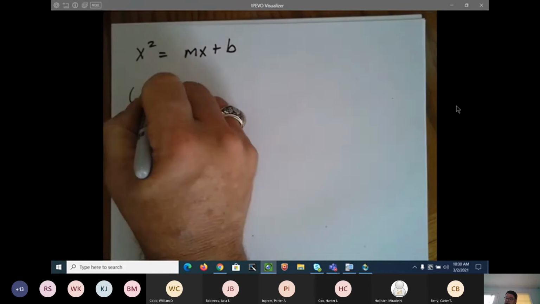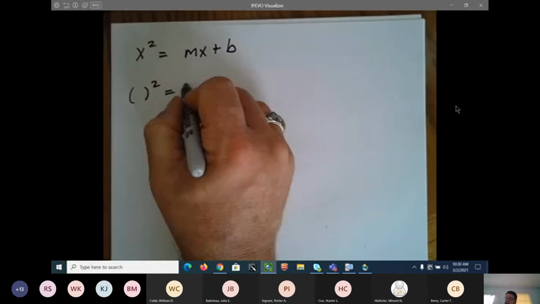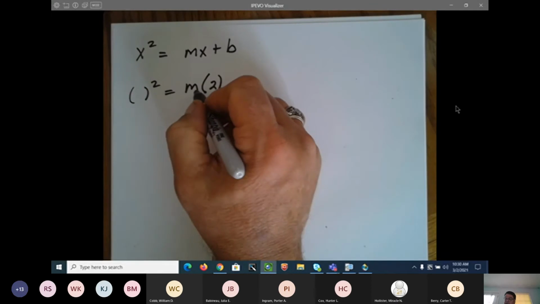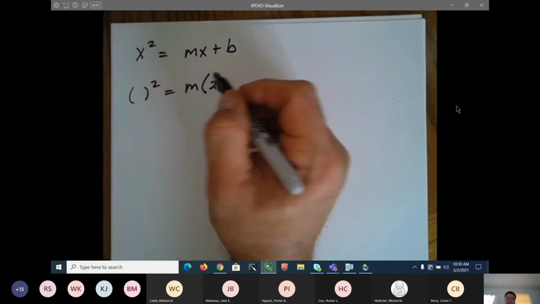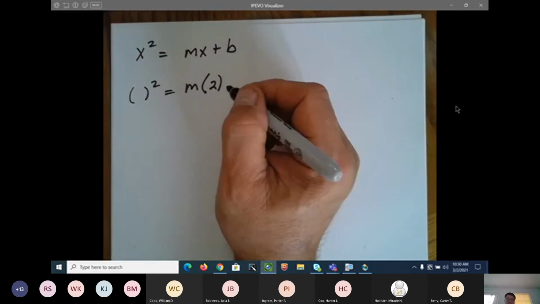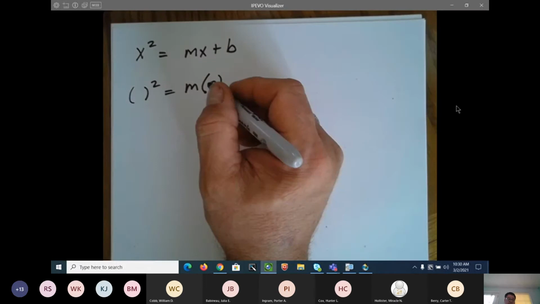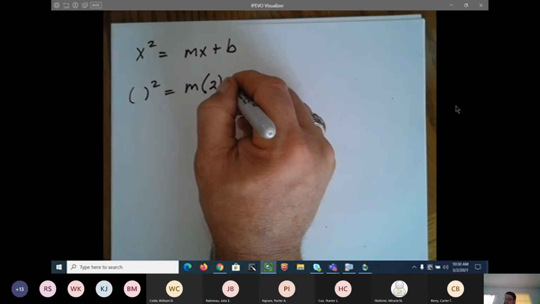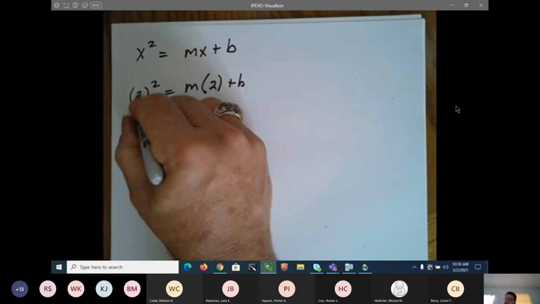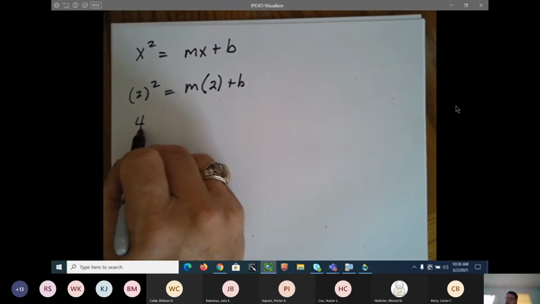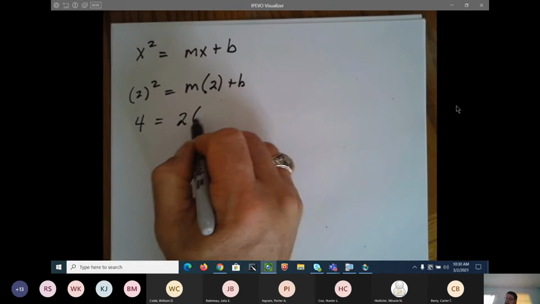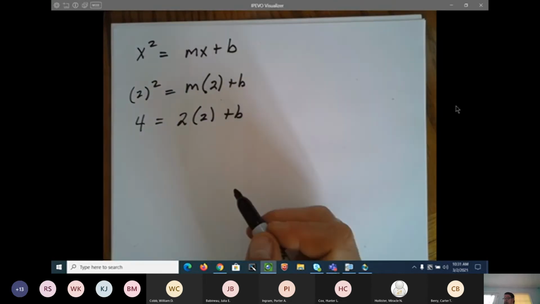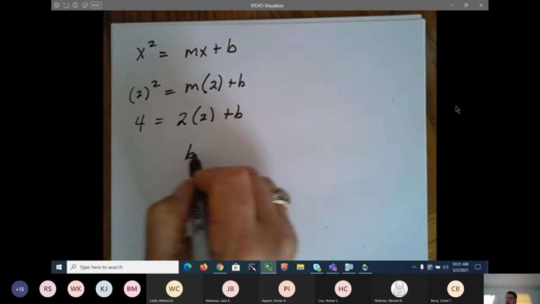So parentheses squared equals m times 2. And we already know m is equal to, what do we get? 2x, or 2. Yeah, 2. So we got to put a 2 there plus b and a 2 here. So 4 is equal to 2 times 2 plus b, and b is equal to 0.